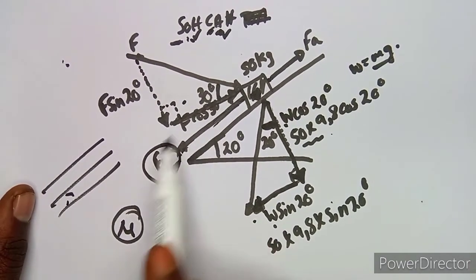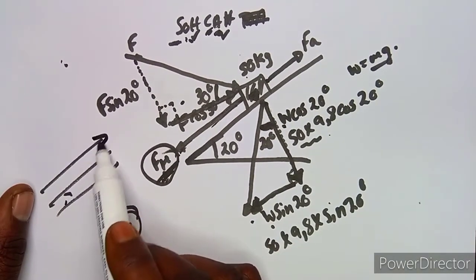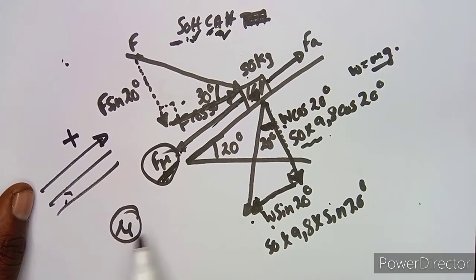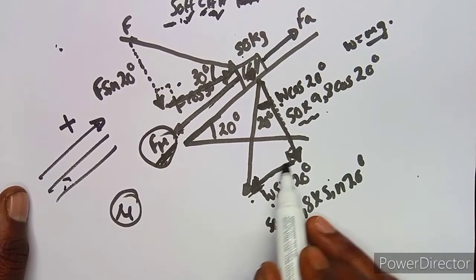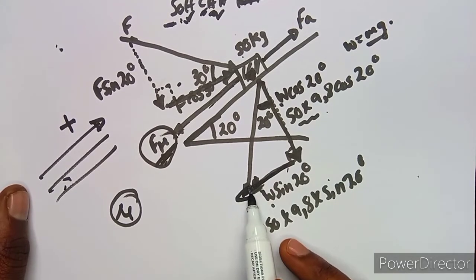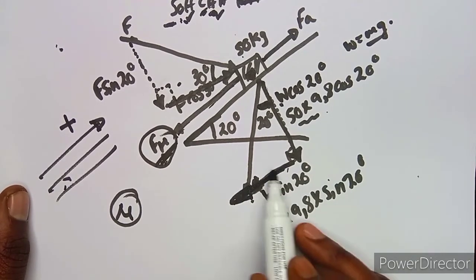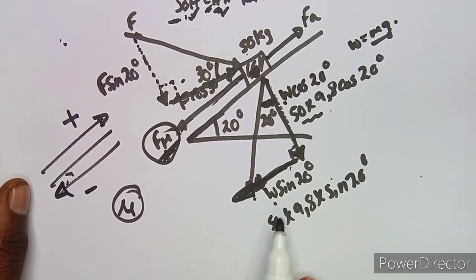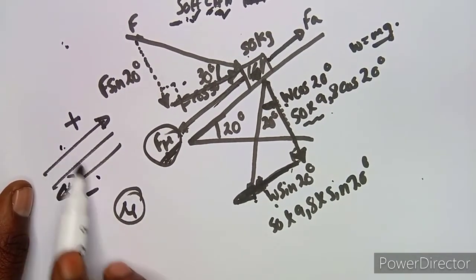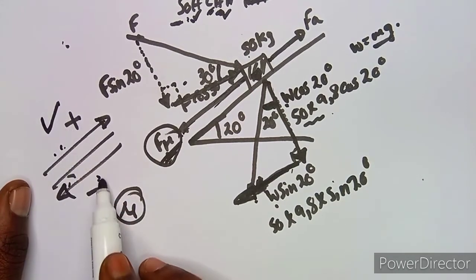It's either this one, F cos 30 degrees, which is going to the right, which is positive, or this one, which is going this direction, which is negative, because the arrow is pointing this direction. So we're talking about the ones which are in parallel. As you can see, this one is positive, this one is negative.